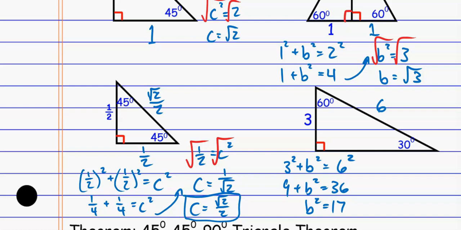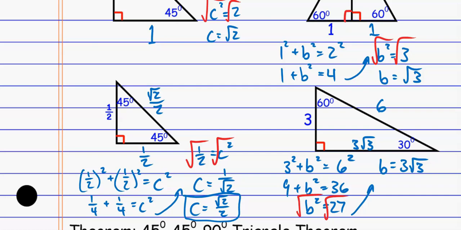Sorry, that's a 27. And now let's simplify this thing. So b equals the square root of 27, which is 9 times 3. The square root of 9 is 3, and there's a 3 left over. Okay, so I get b equals 3 root 3. That's this missing side right down here.